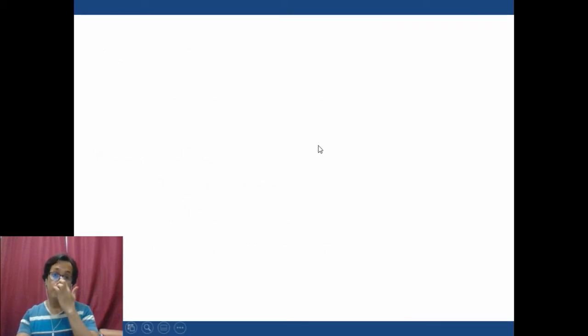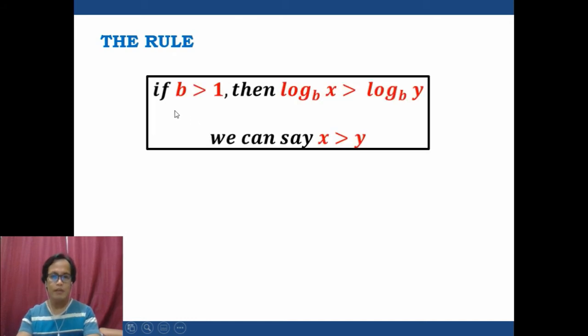For solving logarithmic inequalities, we have two rules to follow. The first rule is that if the base b is greater than 1, and log of x base b is greater than log of y base b, then we can say that x is greater than y.